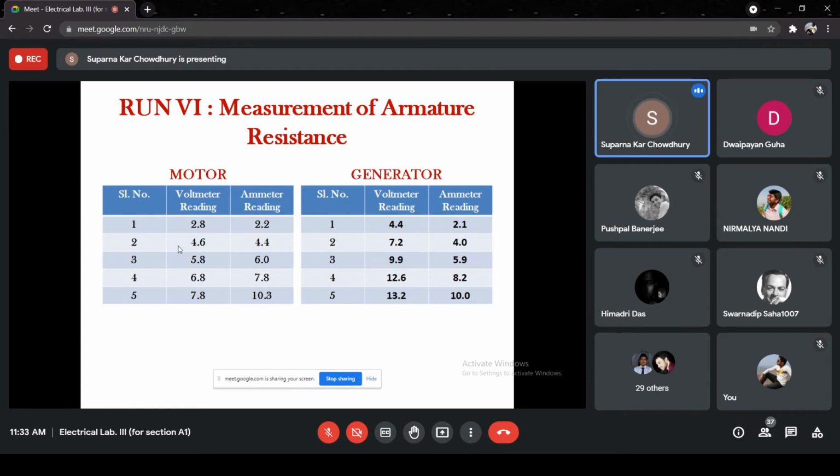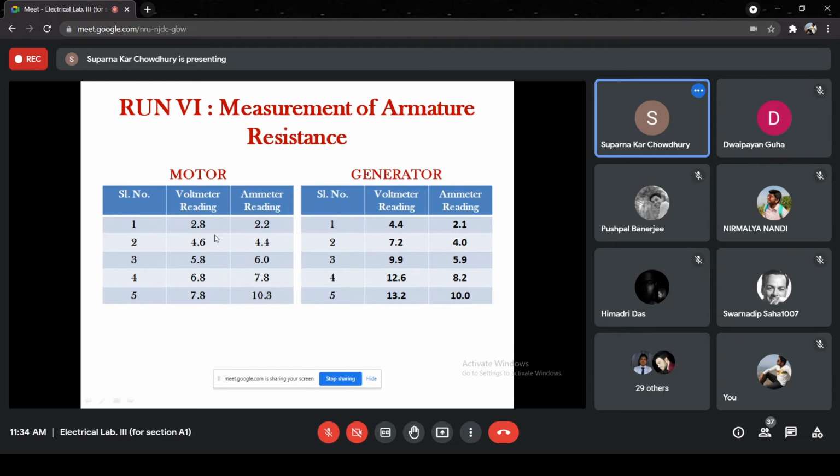For the generator, it is needed because when you are calculating the generator loss for a particular load, we have separated the different losses: the windage and bearing friction loss, then the brush friction loss, then the core loss. But the I square R loss is just dependent on current. That is variable, so that has to be added. So the generator resistance also has to be calculated.